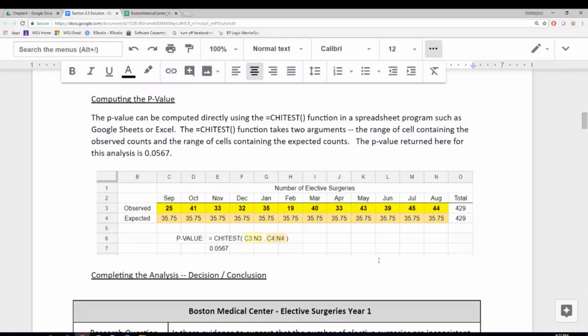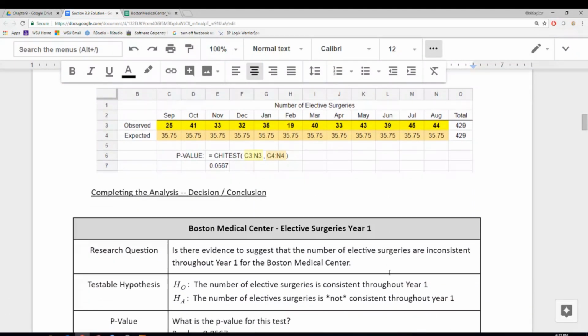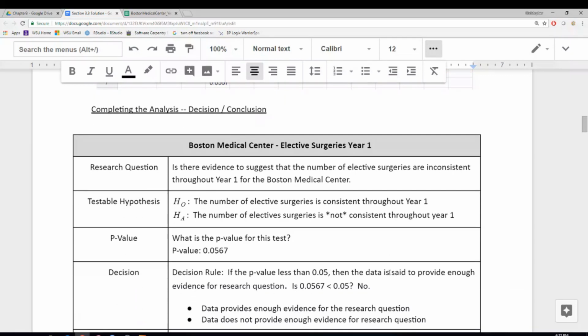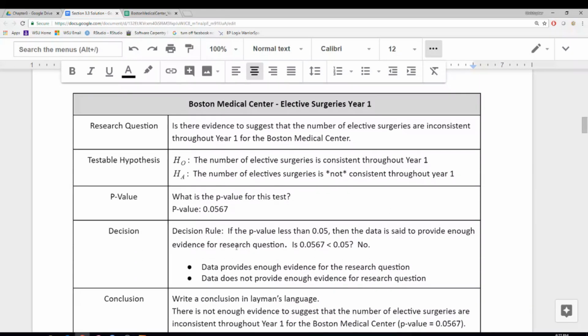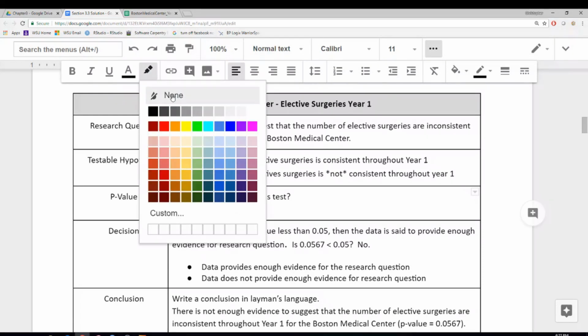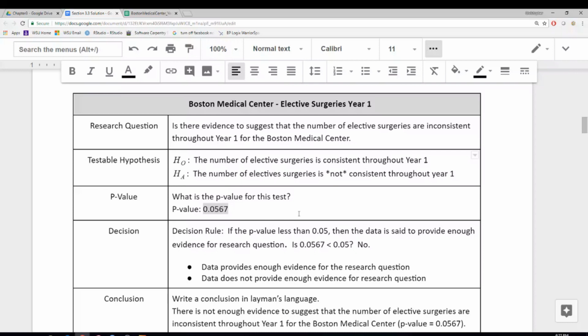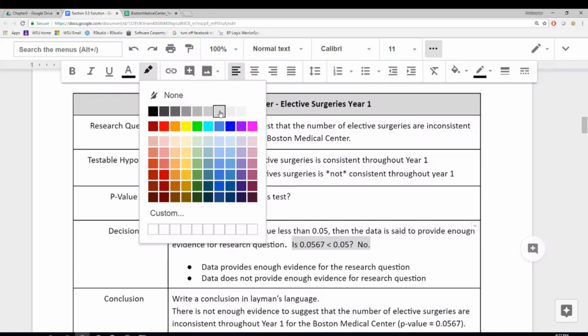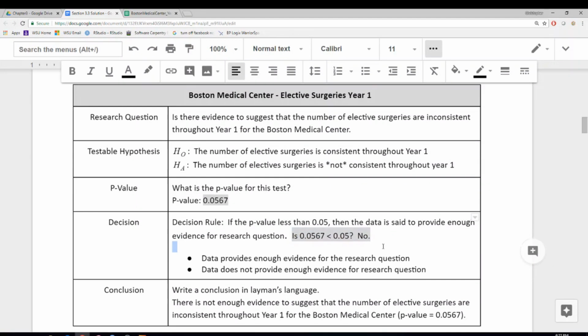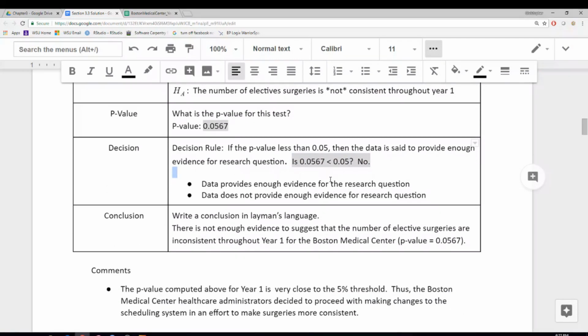So once I have my p-value, I'm ready to go here. I can complete the rest of my test. So what is the p-value for this test? 0.0567. The decision is simply, is 0.0567 less than 0.05? No, it's not. It's very, very close, as I'll mention here in a minute.